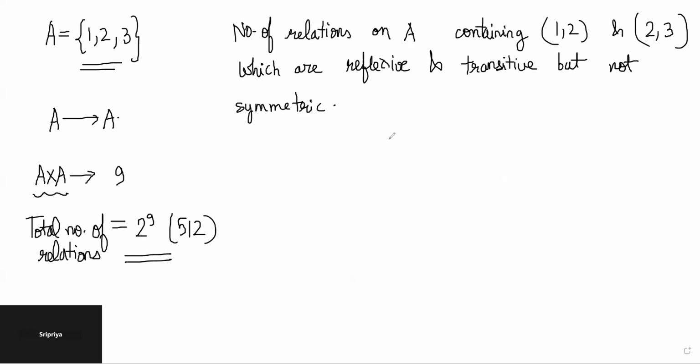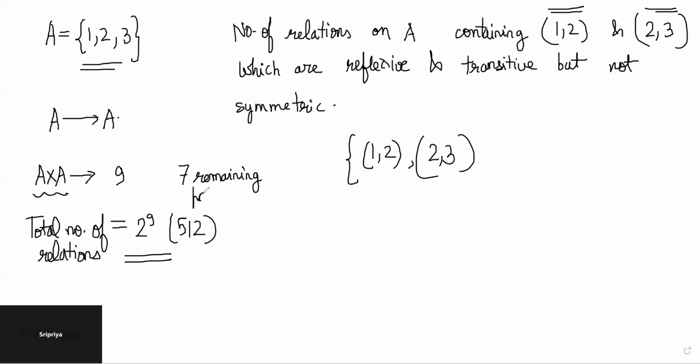But we have to deal with relations which contain these two. So already we will select the ordered pairs 1 comma 2 and 2 comma 3, and after that, there are 7 remaining ordered pairs, right?